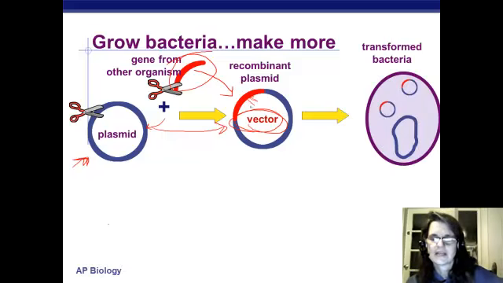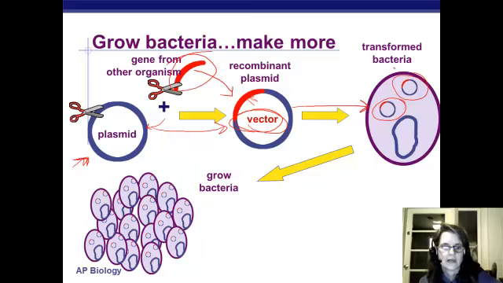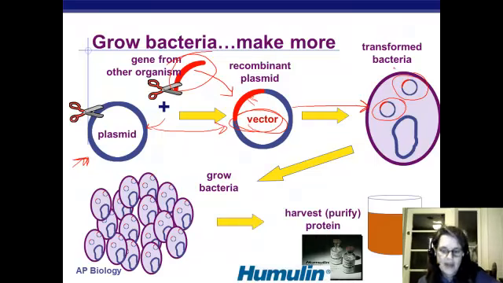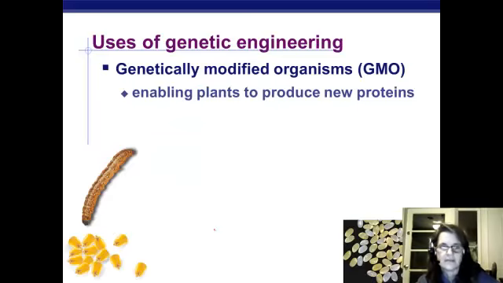We encourage the bacteria to pick up these plasmids, and this is what we are going to do in class, and then we just grow piles and piles of the bacteria. And then if we want to collect the protein, if this were human insulin, we would have to figure out a way to harvest and purify all the insulin that these bacteria are now making, and certainly they do that.